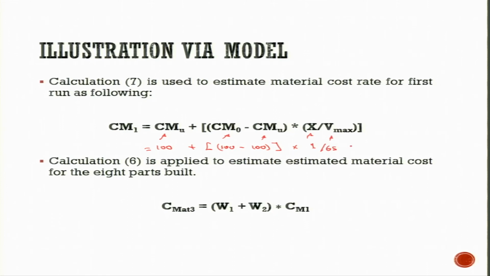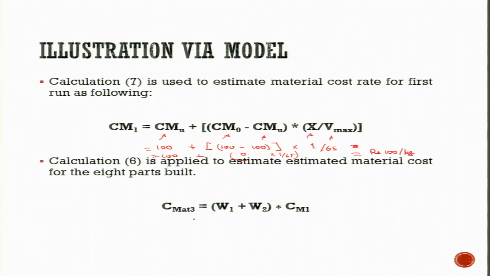So, this becomes 0 into 1 by 65, right, 100 plus 0 into 1 by 65, this terms as rupees 100 per kg. This is the cost rate.